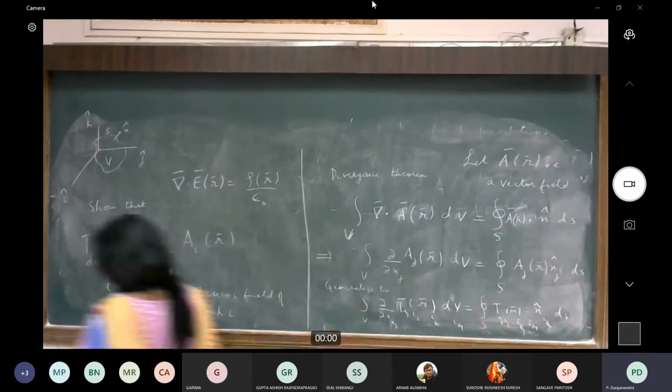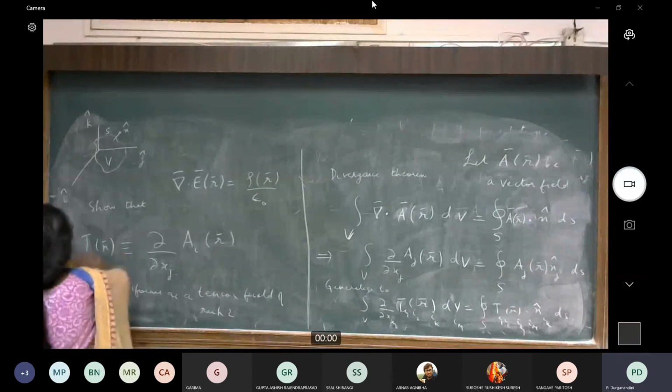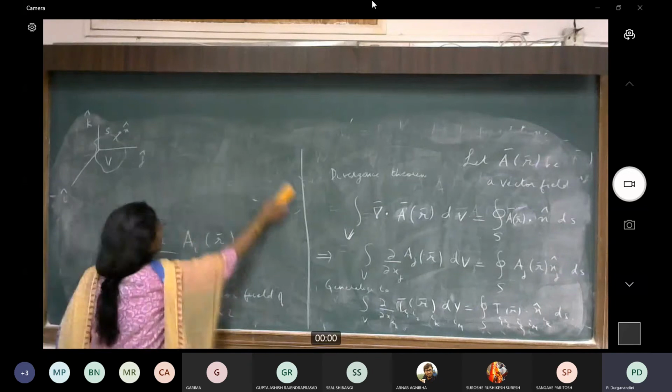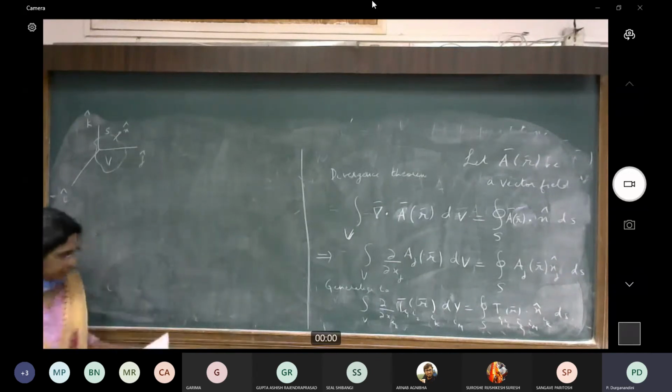Similarly, I can also do this for Stokes theorem, and you will have very interesting applications of this. I will discuss the applications of such generalizations a little later.